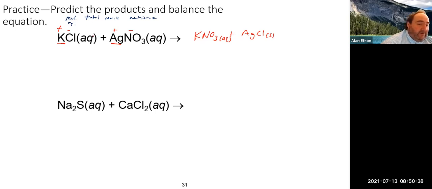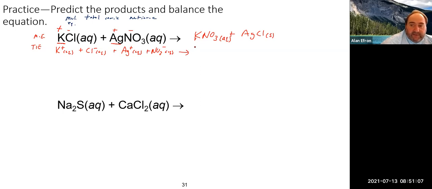Now, for our total ionic equation, this obviously would be our molecular equation here. For our total ionic equation, we would break this apart. So KCl is an ionic compound that will break apart into K+ and Cl-. Silver nitrate will also break apart into a silver ion and a nitrate ion floating around in that solution.